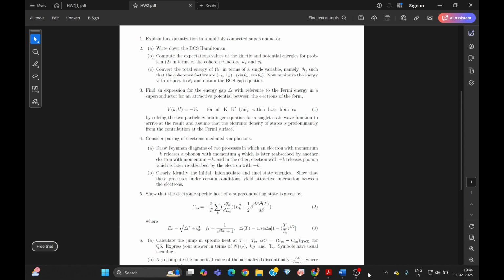So what is happening? k is getting absorbed and releases a phonon with a momentum of k plus q, and minus k is getting absorbed, and similarly it's also getting released, right? So this is the first, and the second process, this will be the q1.